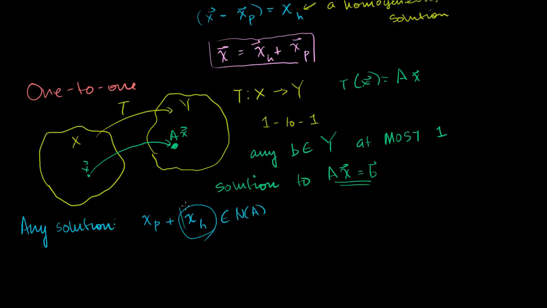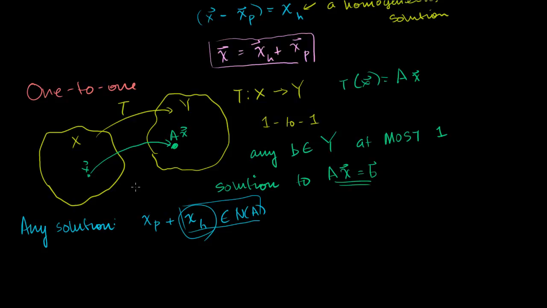If there isn't a solution, that's fine. That'll still satisfy one-to-one. But if you do have a solution, you can have at most one person that maps to it, and any solution will take this form. I just showed you that.